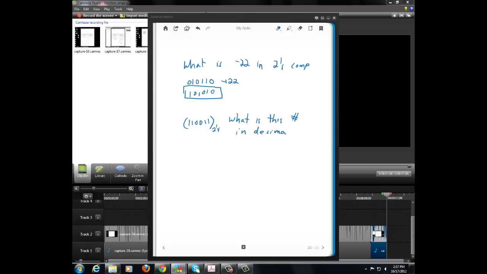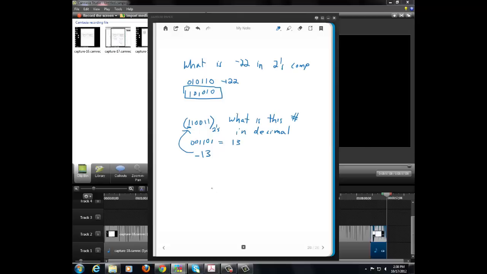Well, we see that it's a negative number, so to figure out what it is, we do the 2's complement trick: we copy down everything until we reach the first one. We reached it right away, so we put that 1 down and then flip all the bits: 0, 1, 1, 0, 0. This is a 13. So we know that this is equal to negative 13.